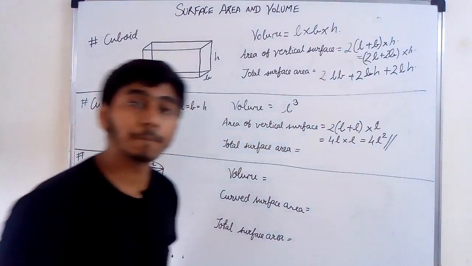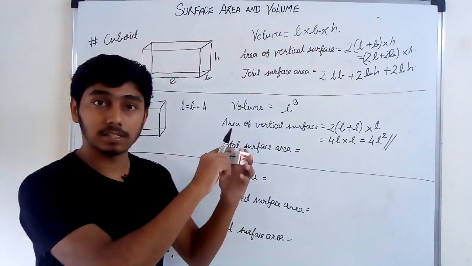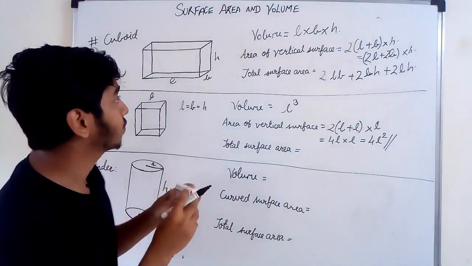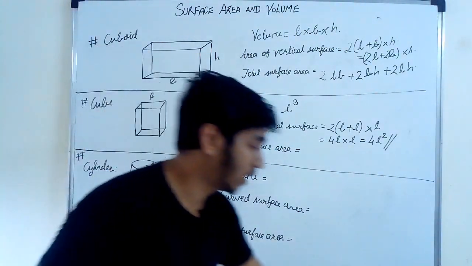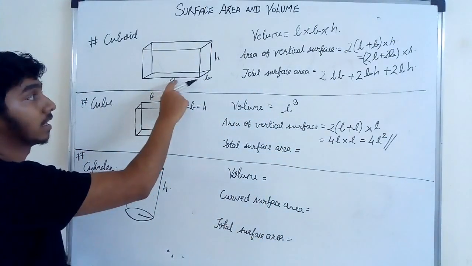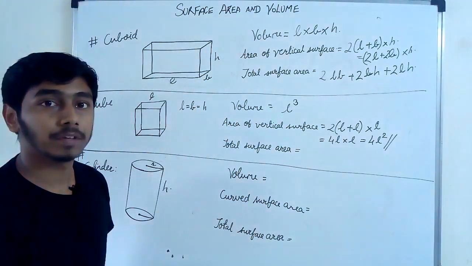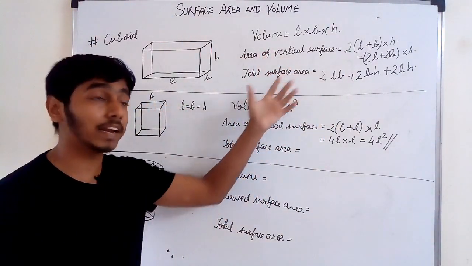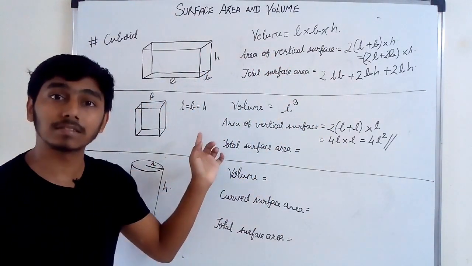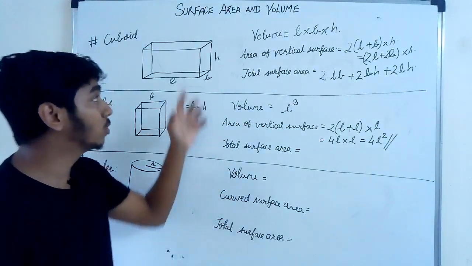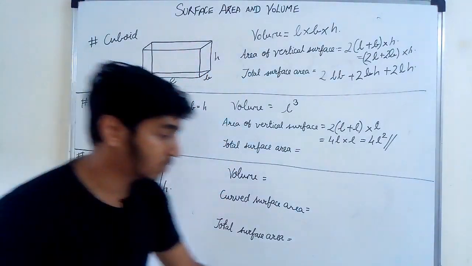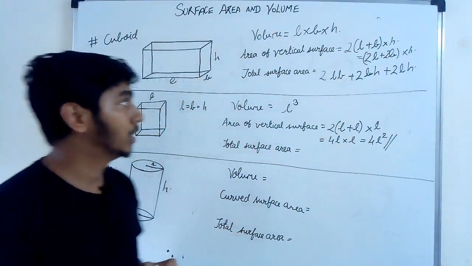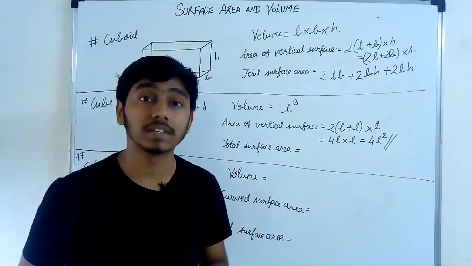So consider this given cuboid. This is the length, breadth and the height. These structures are 3D, so it becomes quite difficult to draw them on paper. That's why I took this cuboid as an example. So how do we get the total surface area?